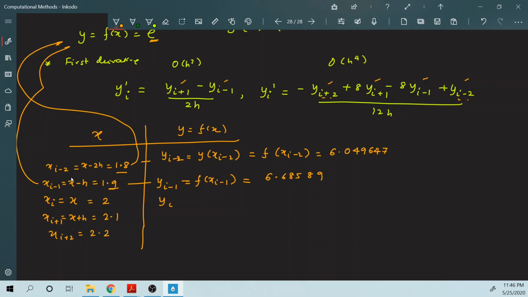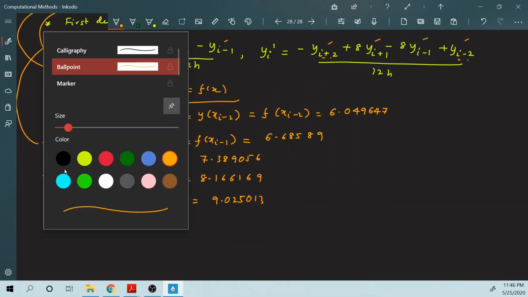Similarly, yi is 7.389056, yi plus 1 is 8.166169, and yi plus 2 is 9.025013.